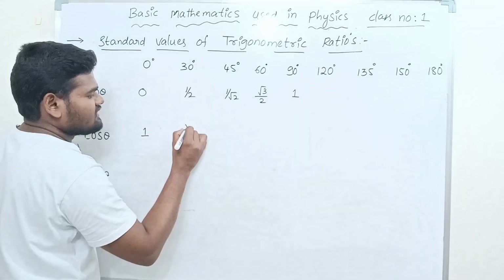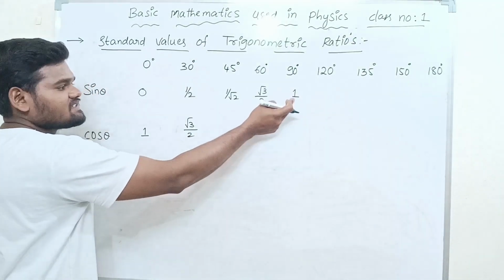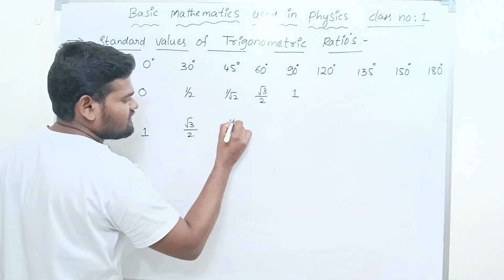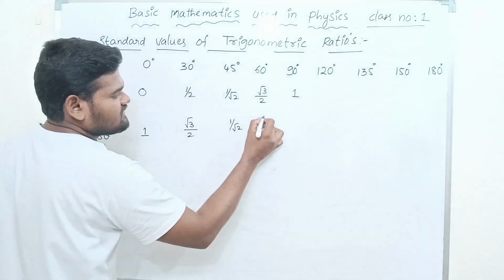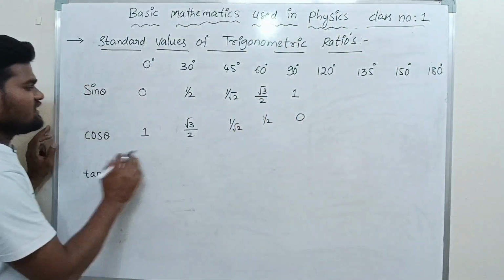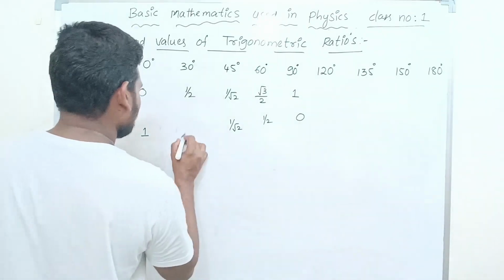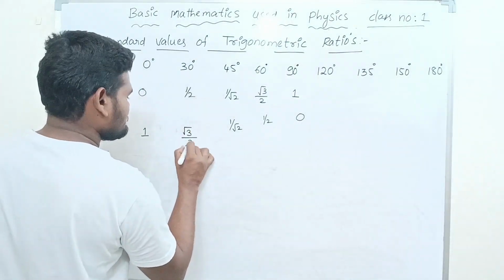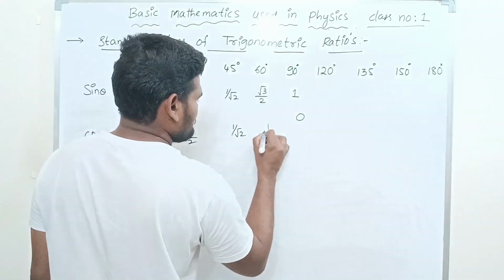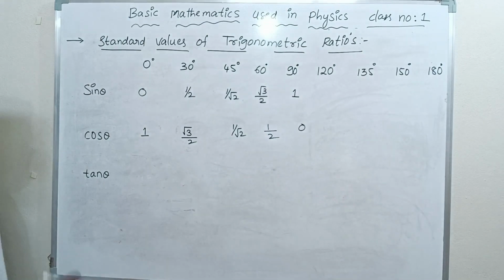So cos 30 is root 3 by 2, cos 45 is 1 by root 2, cos 60 is 1 by 2, cos 90 is 0. I just wrote them in reverse order. Okay, next tan theta.